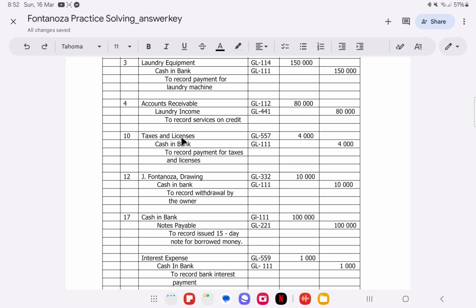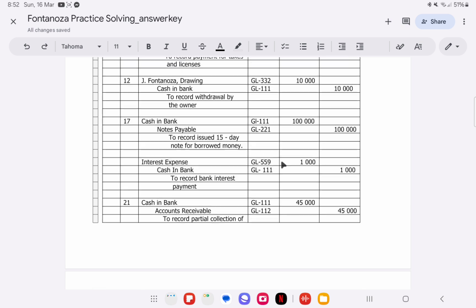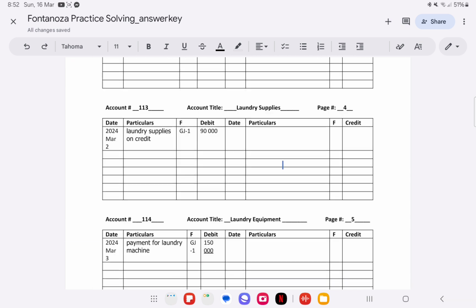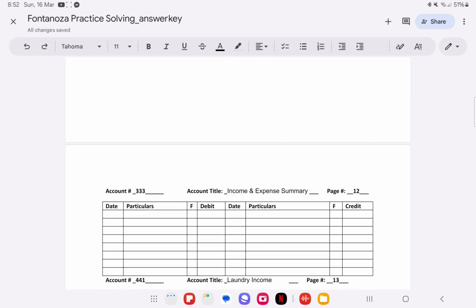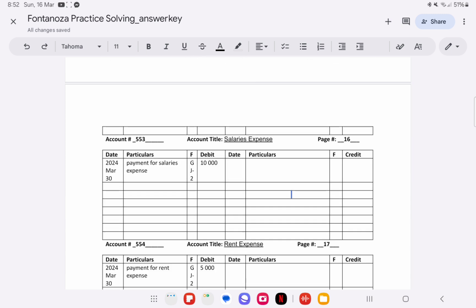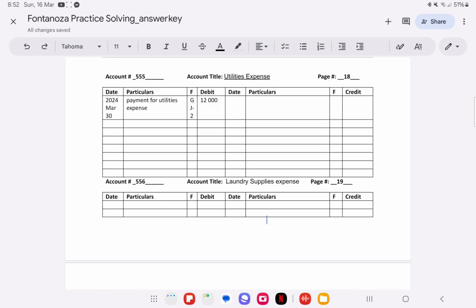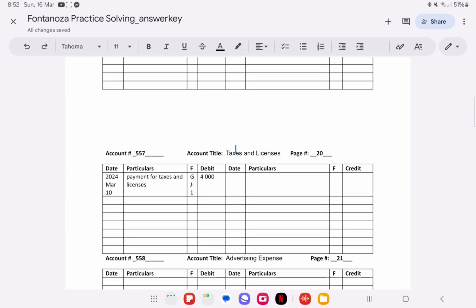March 10, taxes and licenses and cash in bank 4,000 to record payment for taxes and licenses. Okay, find the account title of taxes and licenses. Then 2024 March 10 payment for taxes and licenses.